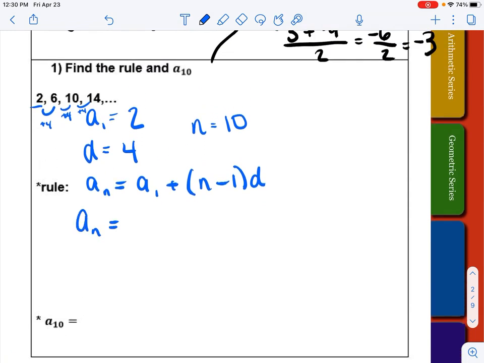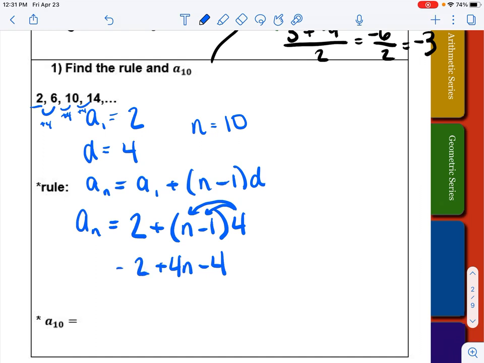So I have a sub n is equal to a sub 1, which is 2, plus n minus 1 all times d. Notice how I did not plug 10 in there, because I want to leave it an equation, a formula, instead of solved. Go ahead and distribute 4 through, since I can't simplify within my parentheses.